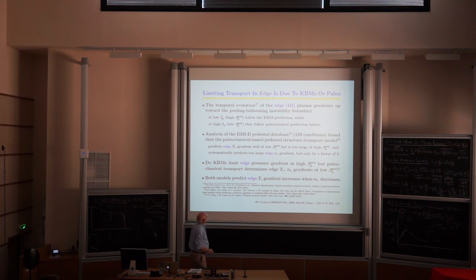Now, this is a side comment I think I won't go into, but there's also debates about what determines the gradient in this region. And it turns out, I believe the situation is that at low pressure, it may be this paleoclassical transport stuff, but at high pressure, and that's where they mostly operate, they get what's called kinetic ballooning modes.